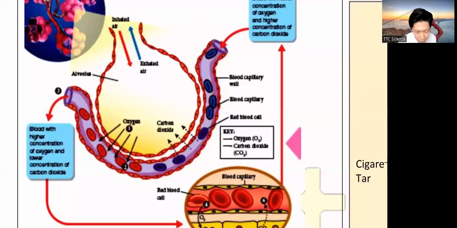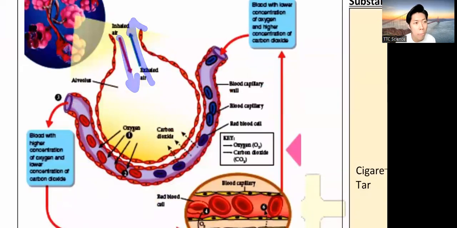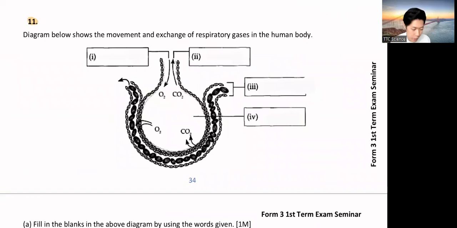Very easy. So we are talking about oxygen going in, carbon dioxide coming out. That will be your inhale and exhale air. Okay, you want to try first? Then I show you later. Okay, good.